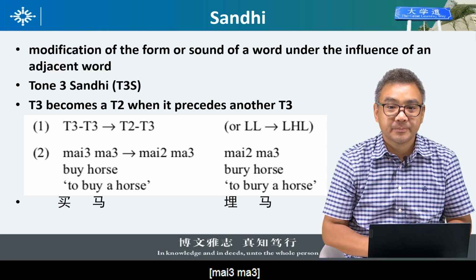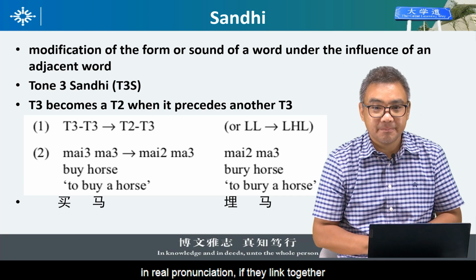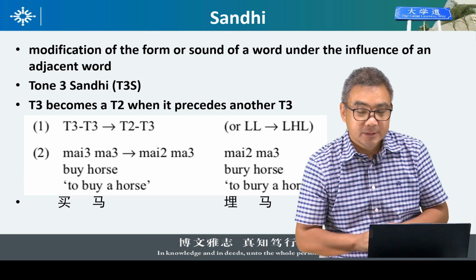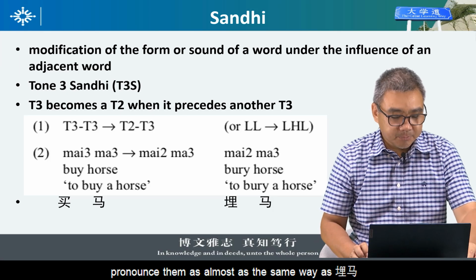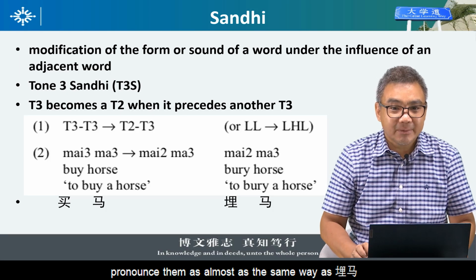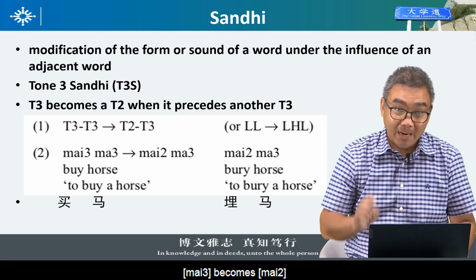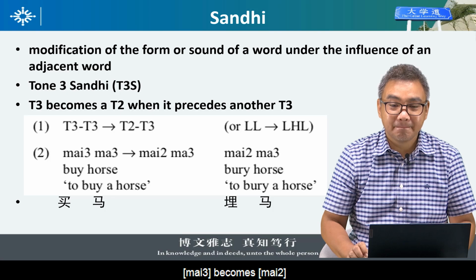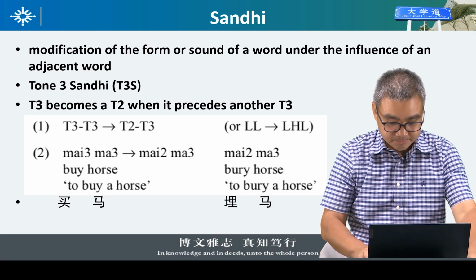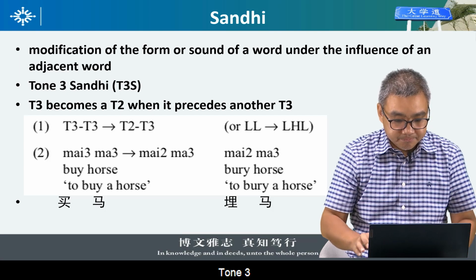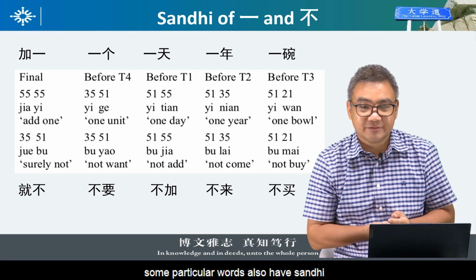But in real pronunciation, if they link together, you pronounce it almost the same way as 埋马, to bury a horse. 买马 becomes 埋马. Okay? So this is a sandhi of tone 3.